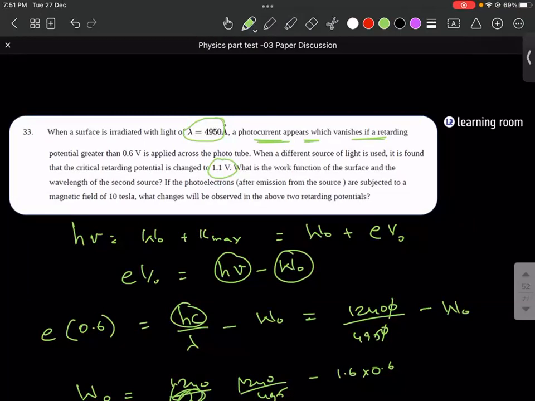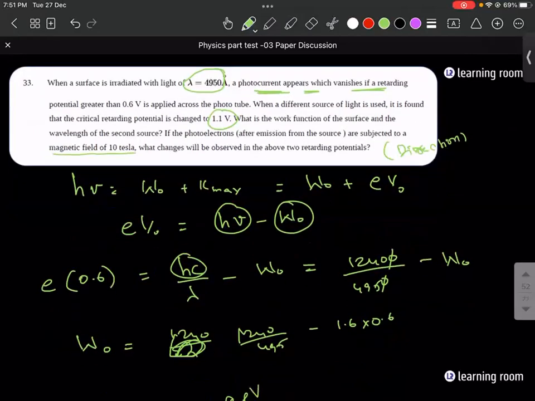All these things are happening because of the electric field. So when you apply a magnetic field, nothing will happen, because a magnetic field cannot control the kinetic energy. It can only control the direction. Nothing will happen to the retarding potential because it doesn't control the kinetic energy. It controls only the direction. Okay.